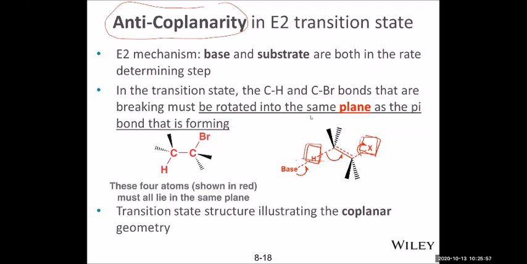And when the hydrogen is just 180 degrees away from the leaving group, that is the moment elimination takes place. And when that takes place, those groups A, B, C, D assume the positions that give you the double bond.